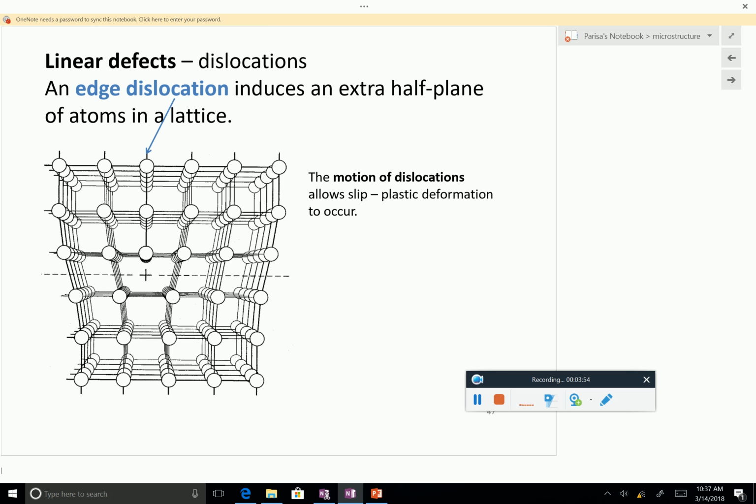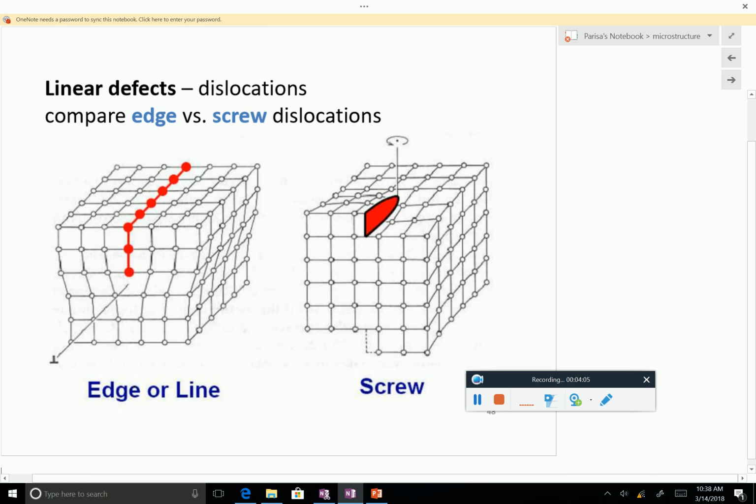So dislocations are linear defects, and you can think about them as an extra line of atoms or a missing line of atoms, as you can see here. They can be edge dislocations just like that, but they also can have some distortion associated with them, as you see on the right-hand side.